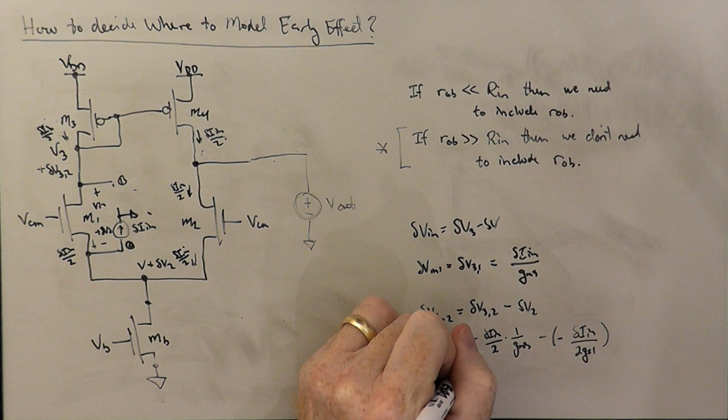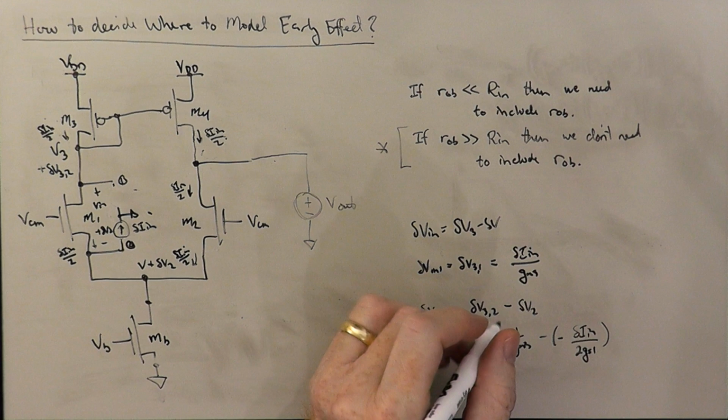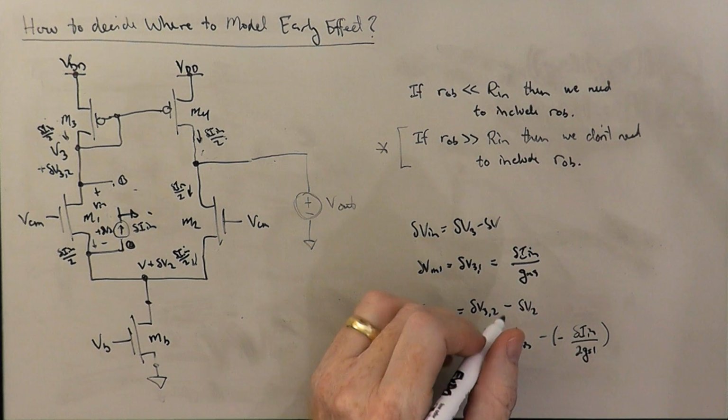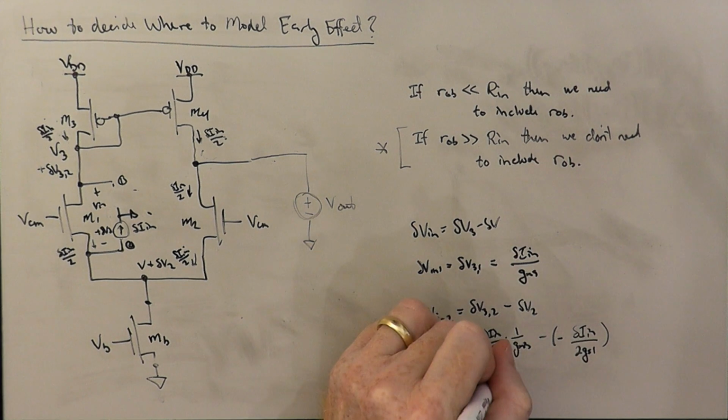And so we're going to get delta IN, and we're going to have a 1/2 here, and we're going to have a 1 over GS1 minus 1 over GM3.